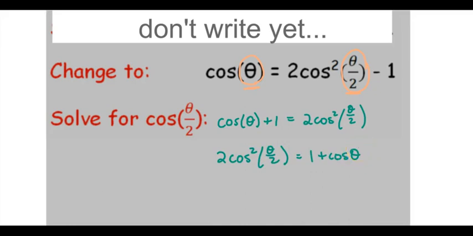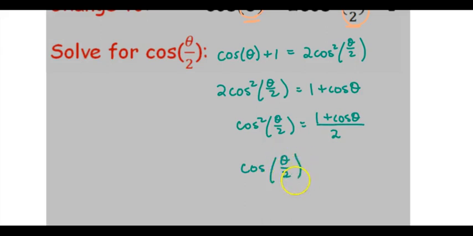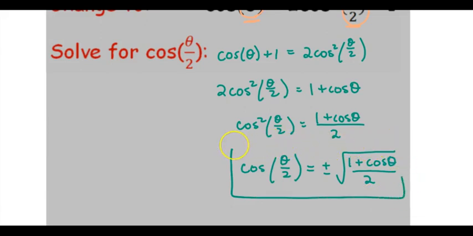And then divide by 2 on both sides. And then square root. So this looks a lot like the previous identity. The cosine half angle identity and the sine half angle identity are almost the same. The cosine has a plus and the sine has a minus inside the radical.